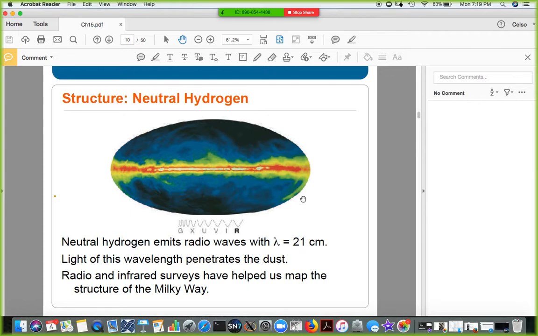Why is that? Well, because the galactic arms and disk are so full of dust that we don't see them properly using optical light.